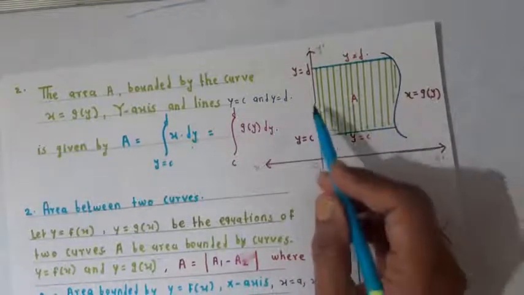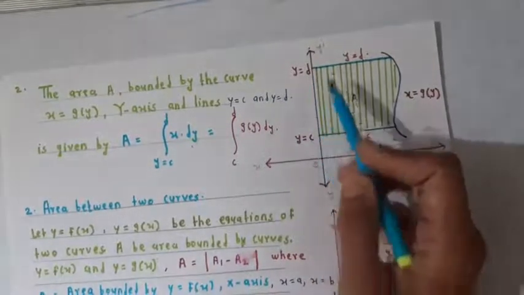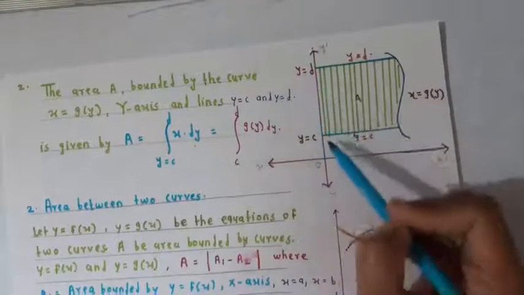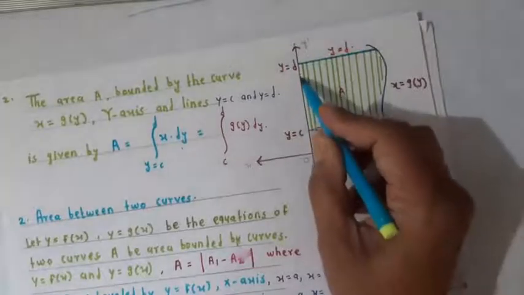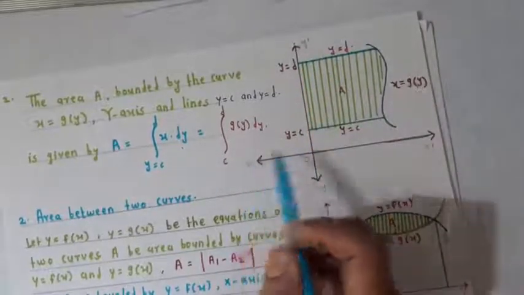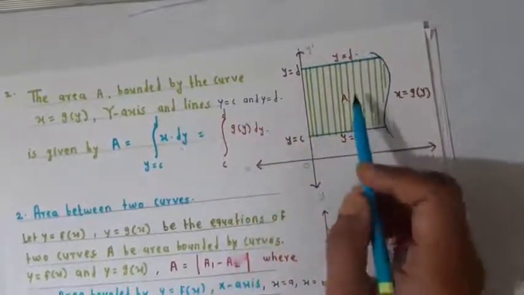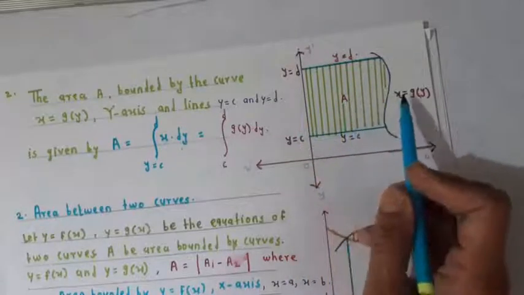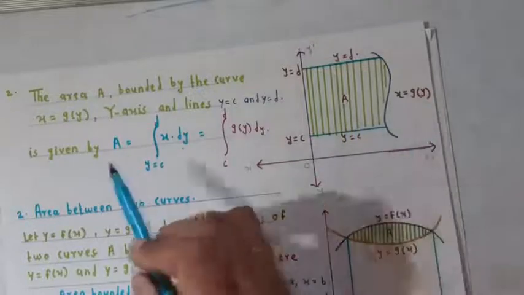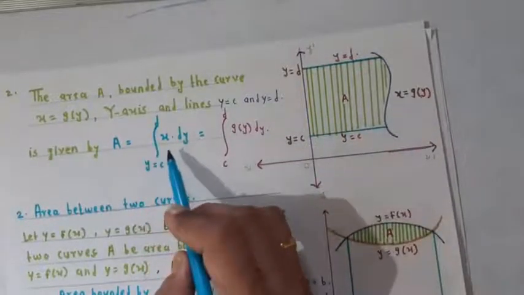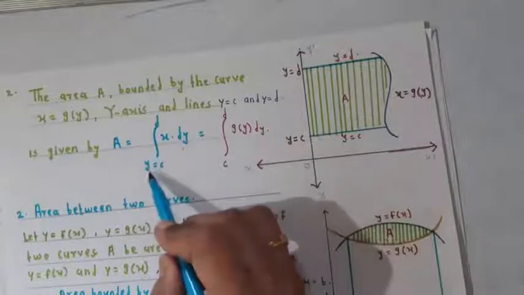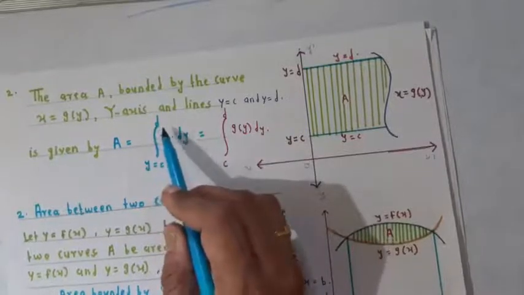The limits of integration depend upon y, because the line is from y equal to c to y equal to d. Therefore the area A, that is the shaded portion under the curve x equal to g of y, is given by the integration of x with respect to y, limits from y equal to c to y equal to d.